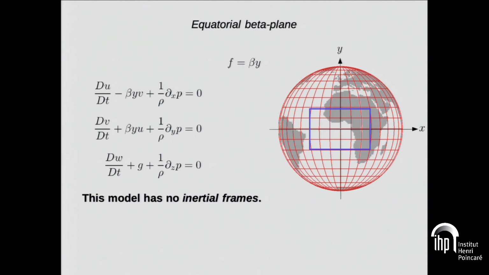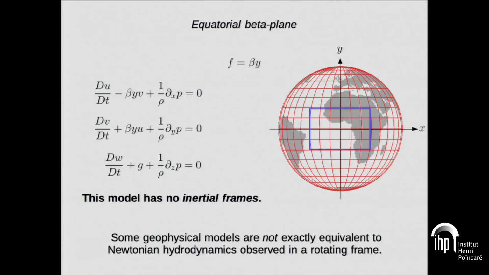In this case, I took the equatorial beta plane. So you linearize the expression of the Coriolis parameter as a function of latitude. So you end up with this system, and this system too has no inertial frames. Okay, so this has been going on for a while.